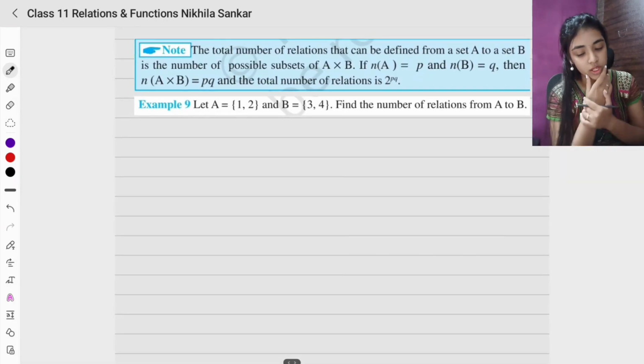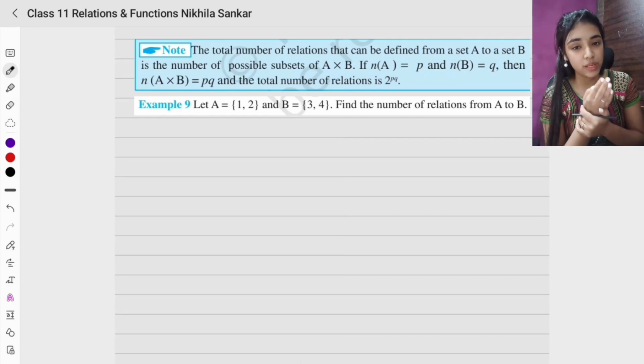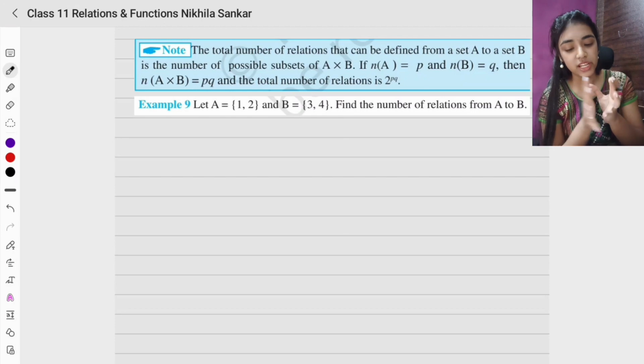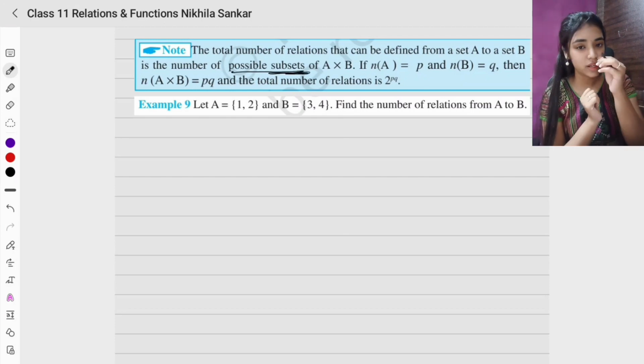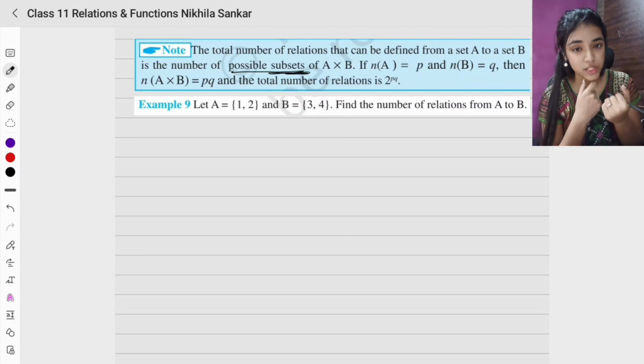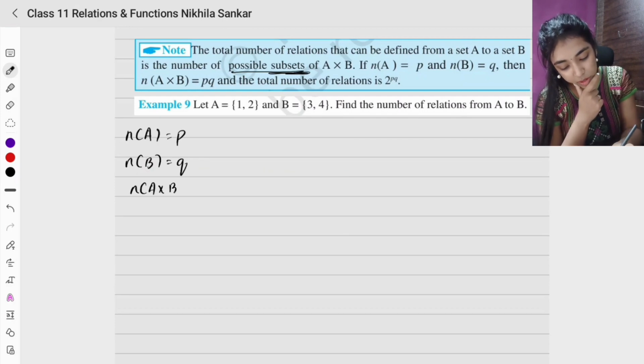Now, example 9. Okay, there is a note. The total number of relations that can be defined from set A to B is going to be the number of possible subsets of A cross B. We just learned this. If the number of elements in A is p and in B is q, the number of elements in A cross B is the product of these two.